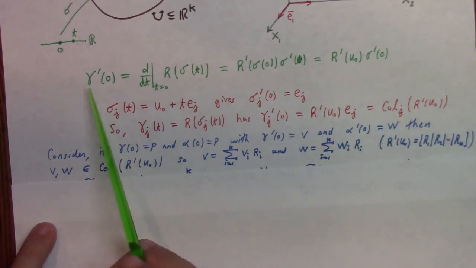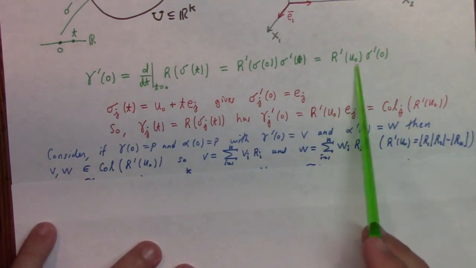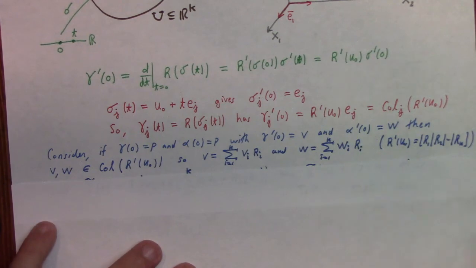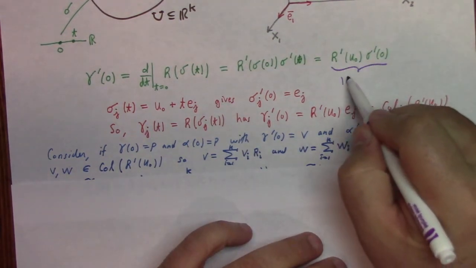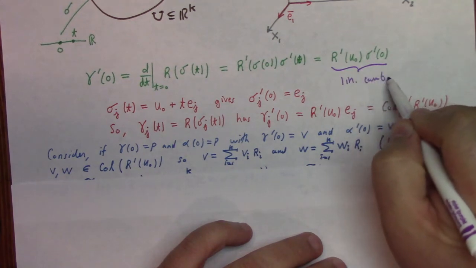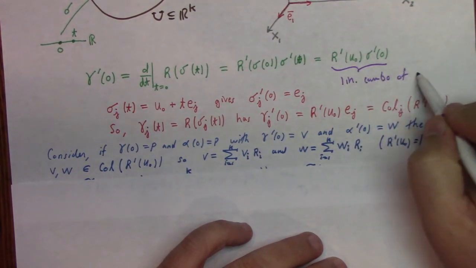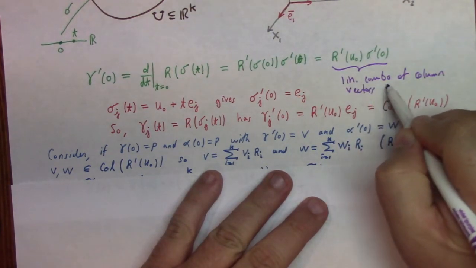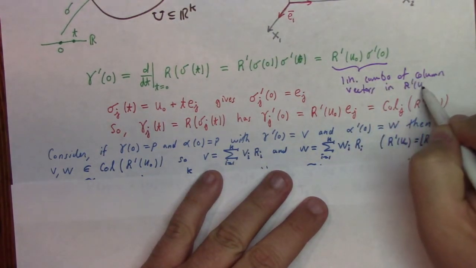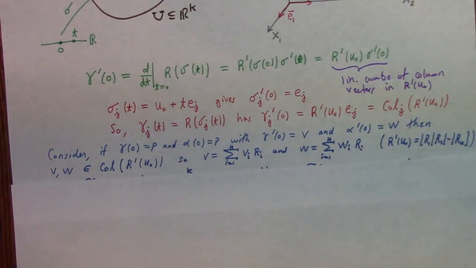This says that any vector is in the column space because this is a linear combination. You've got to understand, guys, this is nothing more than a linear combination of column vectors in R prime at u naught.